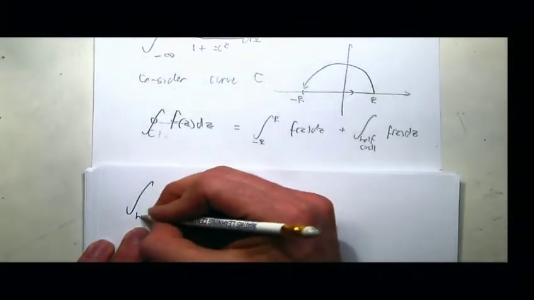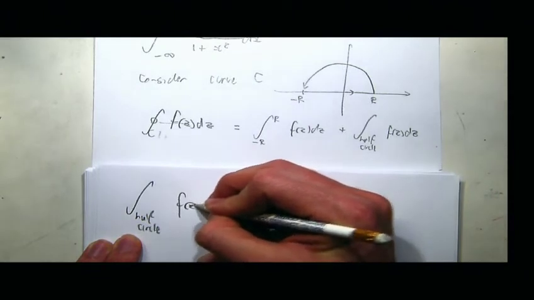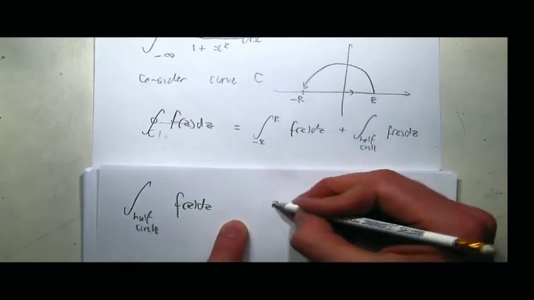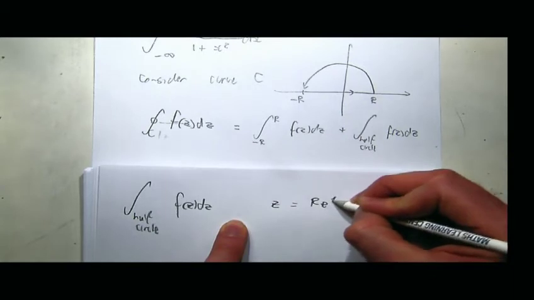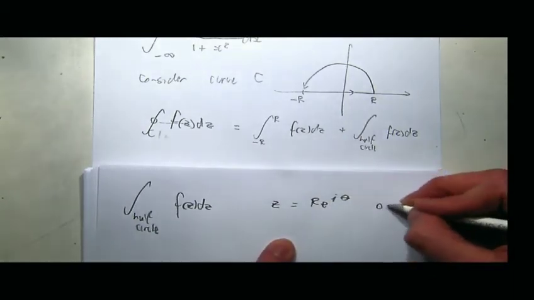So around the half circle, that's what Jordan's lemma is for, and that's where I'm going now. Around the half circle, z equals r e to the I theta, and theta is between 0 and pi.